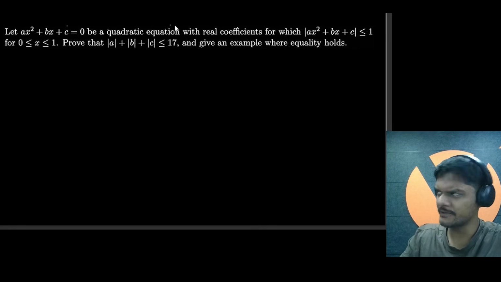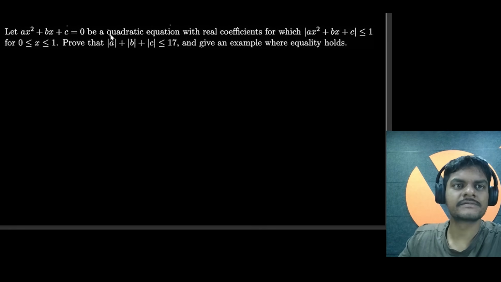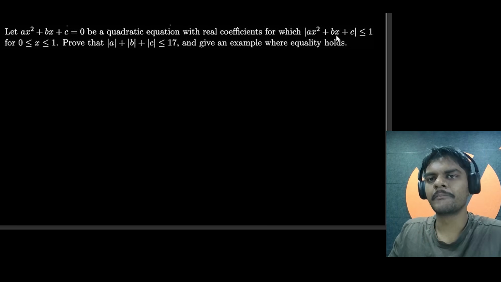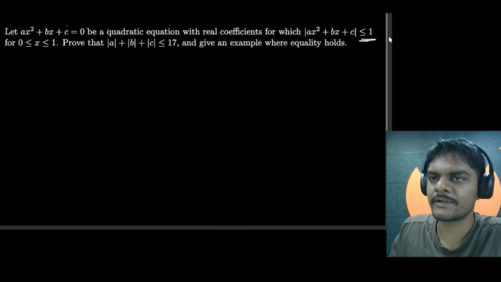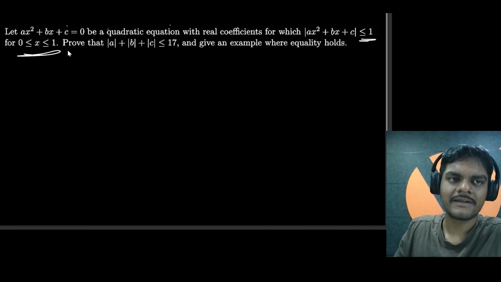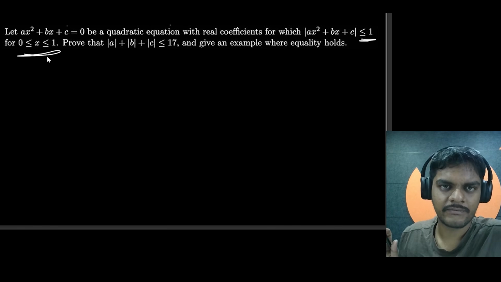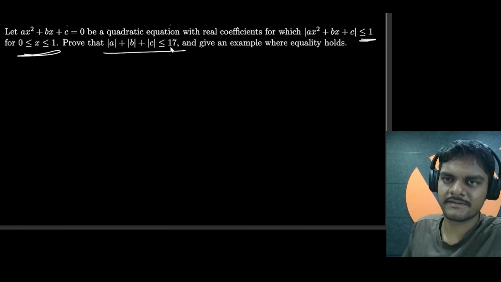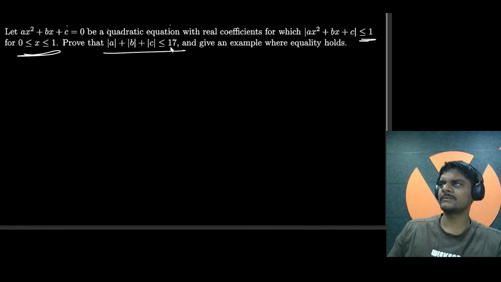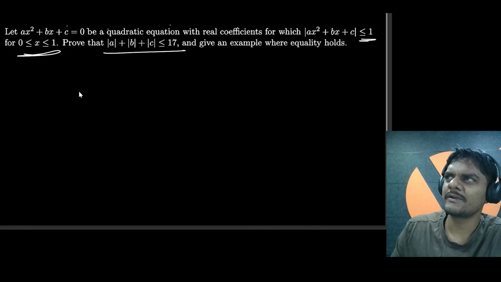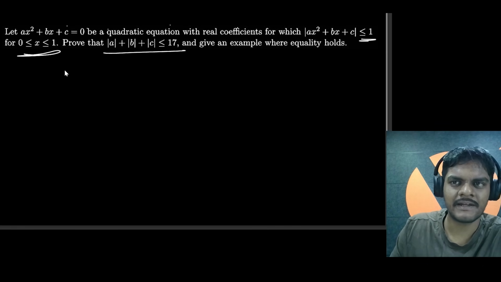Anyways, we have a quadratic. Pause the video. This is a subjective question, no options. We have a quadratic with real coefficients for which mod of the quadratic is less than or equal to 1 for values of x between 0 and 1. All right, and we have to prove that this is less than 17. So pause the video and obviously try it, but here is my attempt.